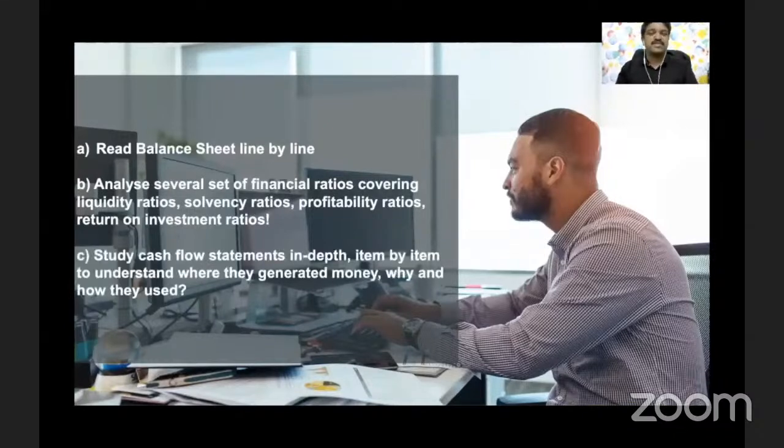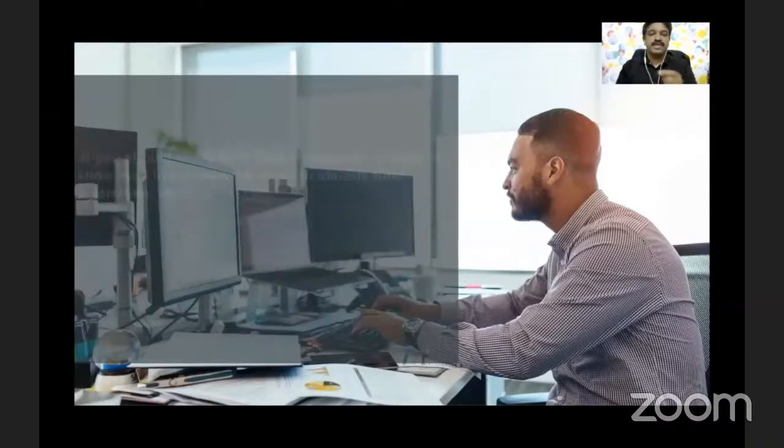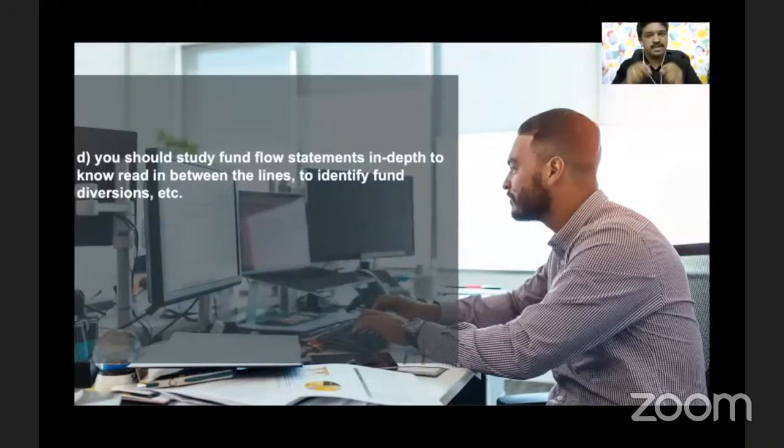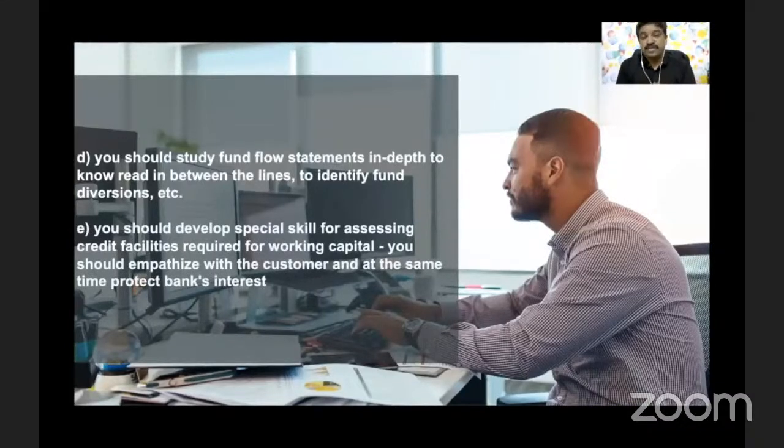Then you have to study the cash flow statements in depth. You have to focus on item by item. You should see where they generated money, where they have used it, how they have used it. Then you should also study their fund flow statement in depth, and again read between the lines, to identify whether any fund diversion has taken place. Then you should develop special skill for assessing the working capital requirement of the borrower.